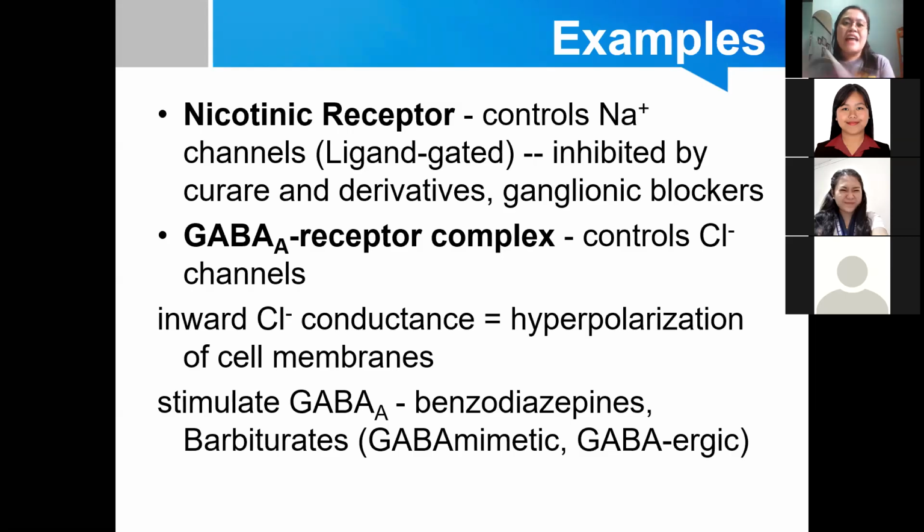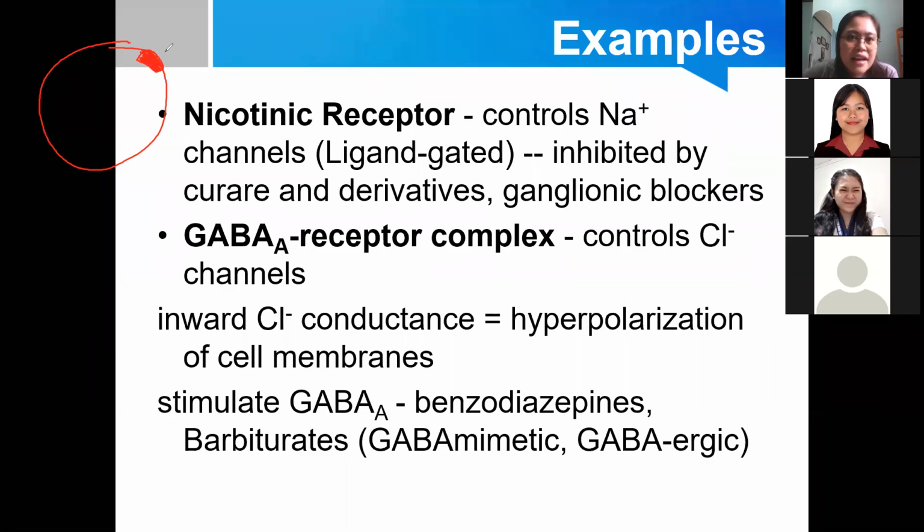First, we have the nicotinic receptors. Again, they are found in the cell membrane. If this is the cell, you will see there at the cell membrane the nicotinic receptor. So bakit siya under sa class 1?